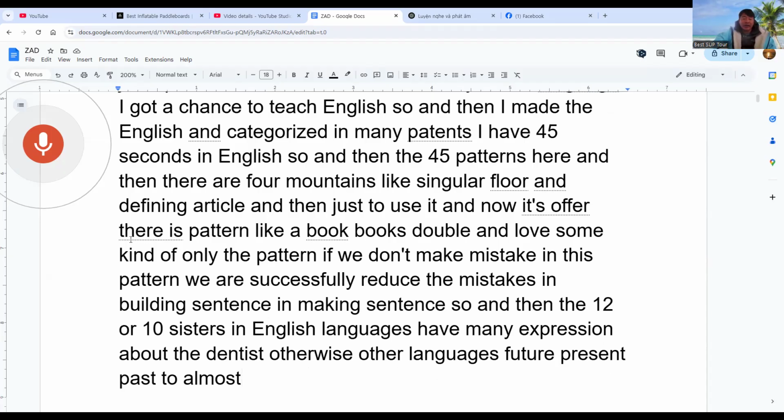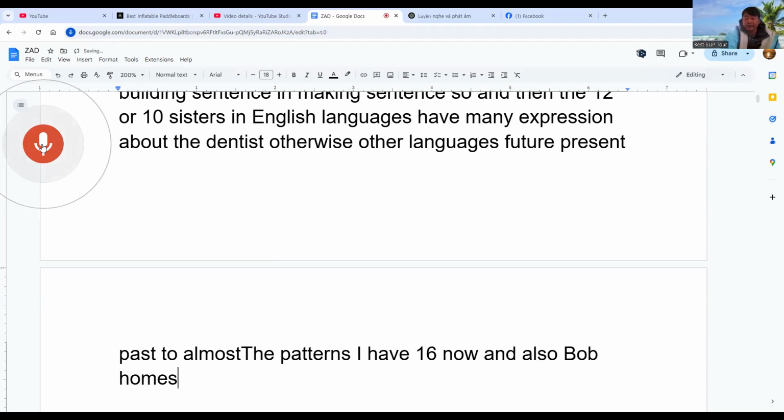And I have 16 patterns now. Also, verb forms are very important.